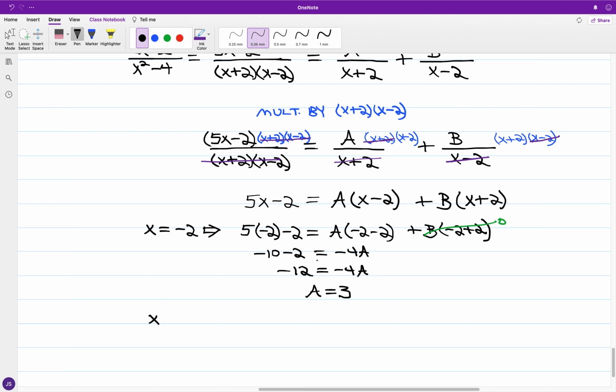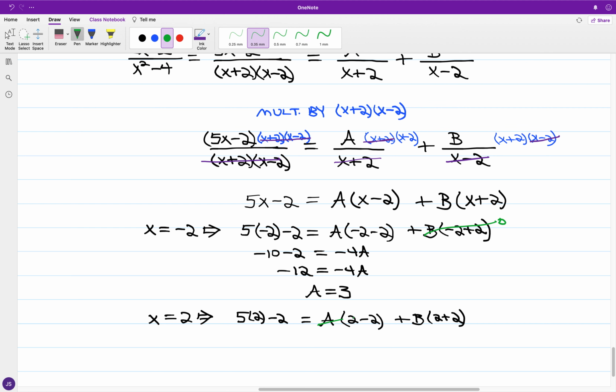And as for the value of B, I can eliminate the presence of A. If I set x minus 2 to 0, we will have x is equal to 2. And for 5x minus 2, we have 5 times 2 minus 2, which is equal to A times the quantity of 2 minus 2, plus B times the quantity of 2 plus 2.